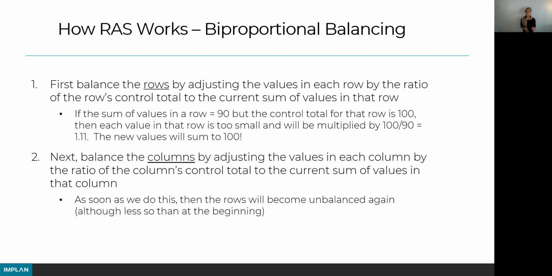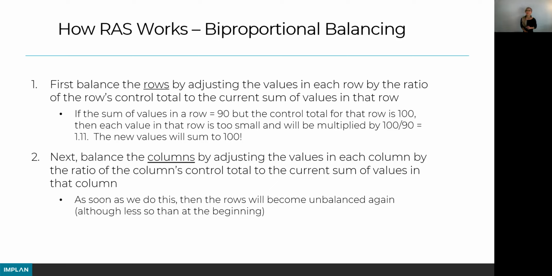But as soon as we do this, when you adjust values in a column, each of those values also belongs to a row, and the rows were balanced, and now you've changed values in the column, which means the row that it belongs in will no longer be balanced. So we have to go back and rebalance the rows.